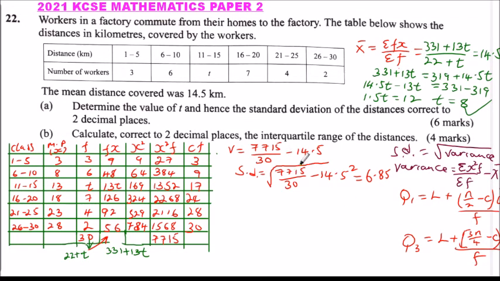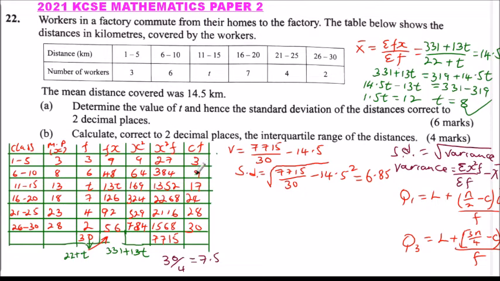So what does this method stand for? We say that since quartile means you divide the data into 4 parts, if you divide 30 by 4, you get 7.5. So the lower quartile lies in this class. This is where we have 3 cumulative frequency. We have 9.